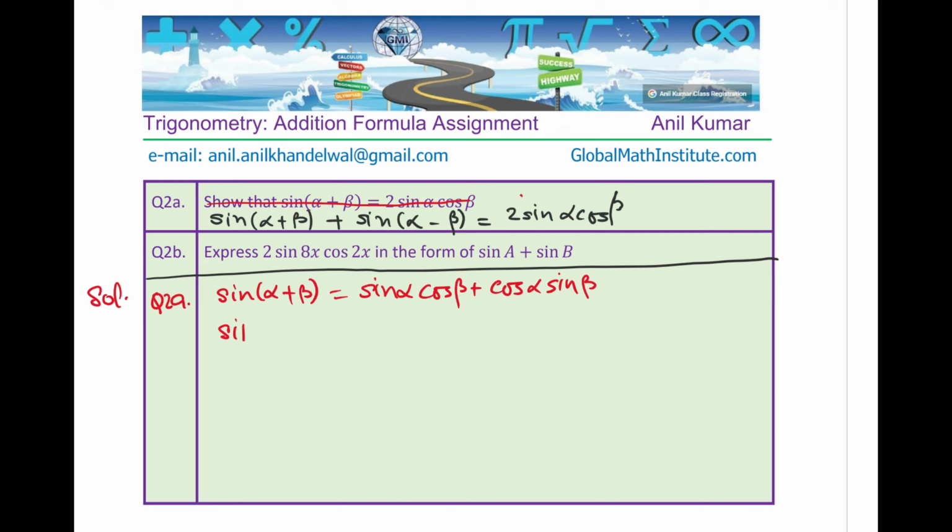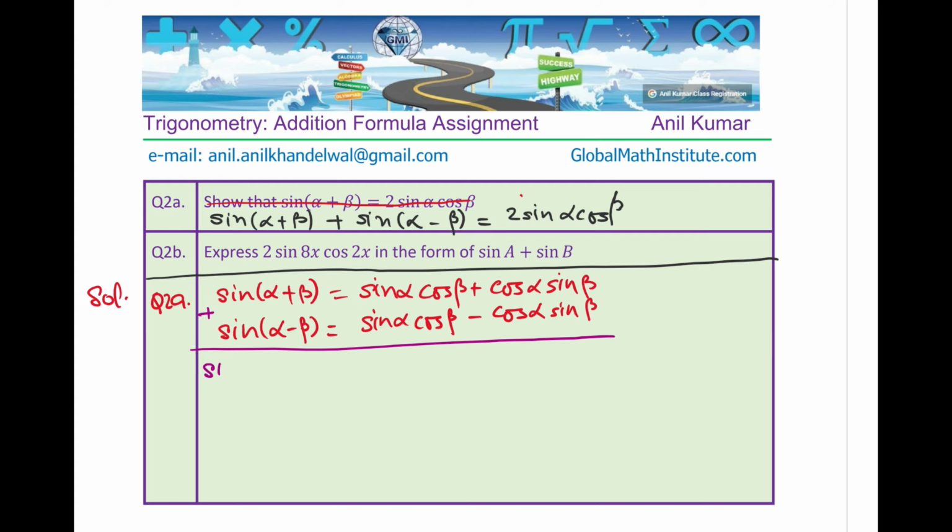What is sine(alpha - beta)? That is sine alpha cos beta minus cos alpha sine beta, correct? Now, if I add them, what do I get? So let me add them.